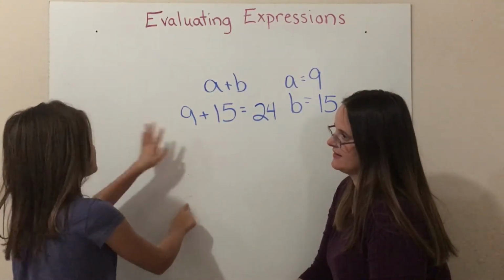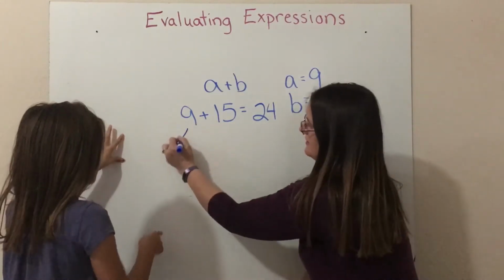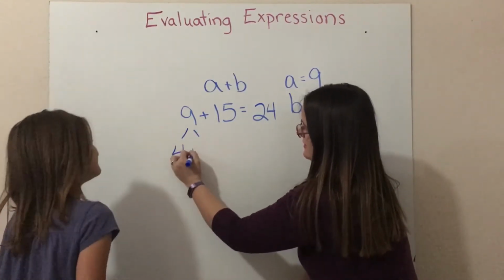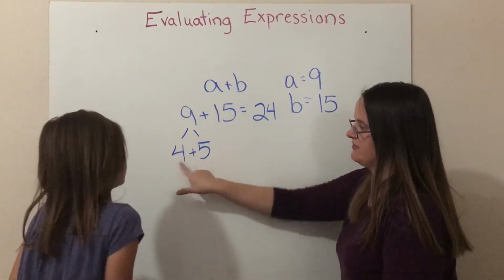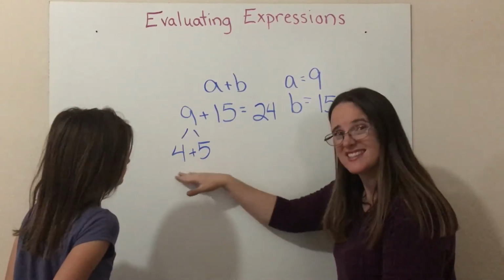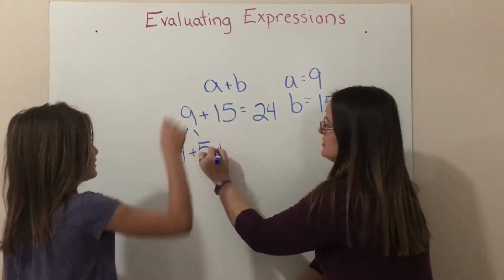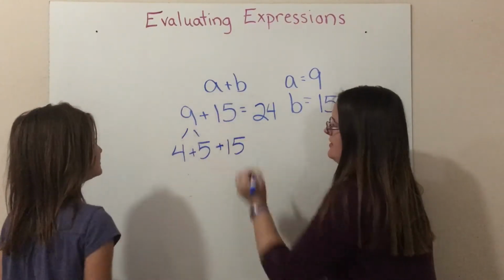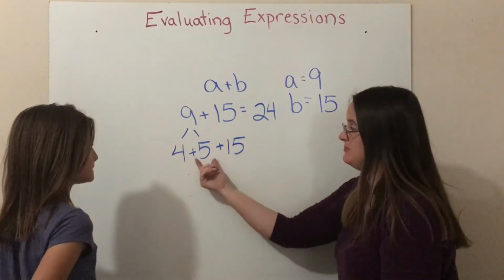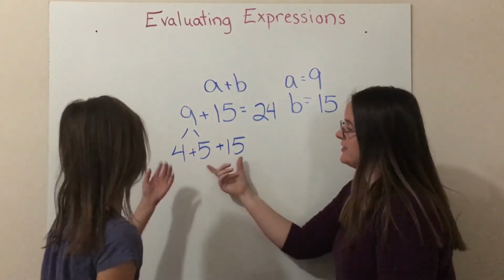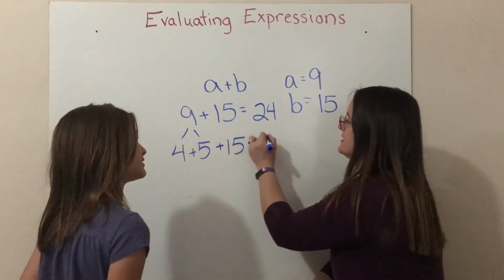So if we split 9 into 4 and 5. Nyla is saying if we turn 9 into 4 plus 5, because that's the same thing as 9, and we add the 5 to this, then we can make this problem easier to do in our head, because 15 plus 5 is 20, and then 20 plus 4 is 24. The answer is 24.